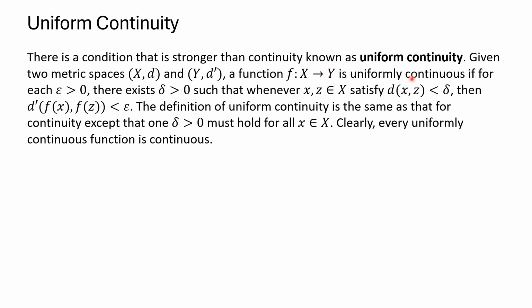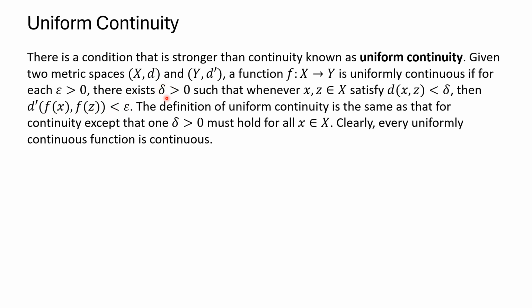That function is uniformly continuous if for each epsilon greater than 0 there exists a single delta, that's the key thing here, a single delta, such that for all x and z elements of x that satisfy the distance between x and z being less than delta, then the distance between f of x and f of z is less than epsilon.